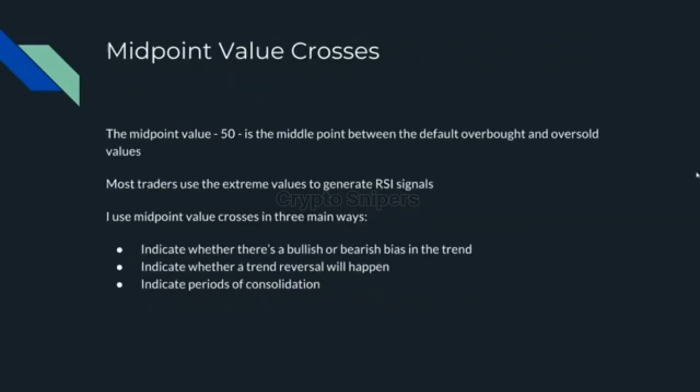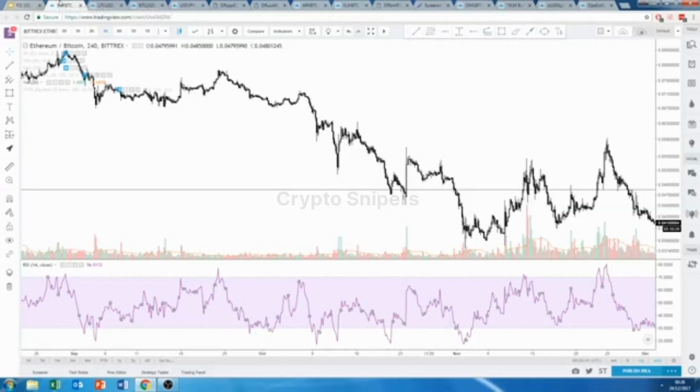Okay, so let's look at some examples. Using just the 70 and 30 levels, this is an Ethereum Bitcoin 4-hour chart. When you open up RSI, you'll see these dotted lines right here. These are the 70 and 30 levels, right? 70, 30.